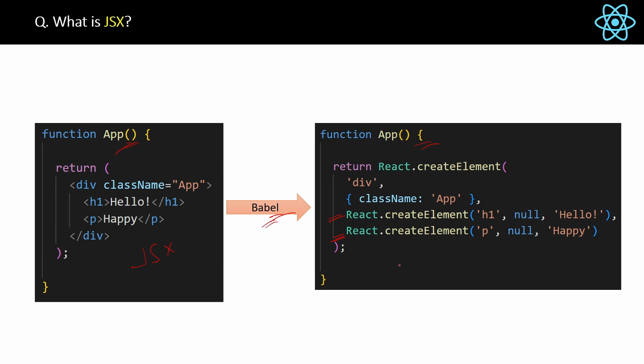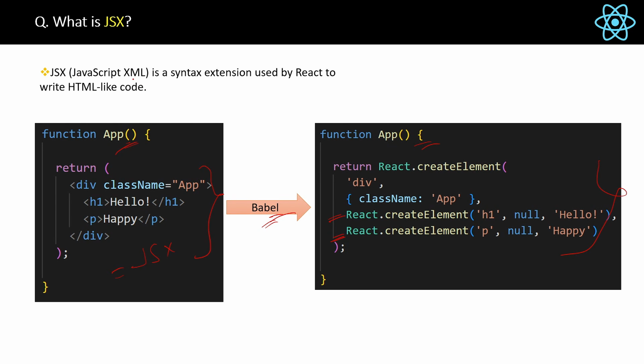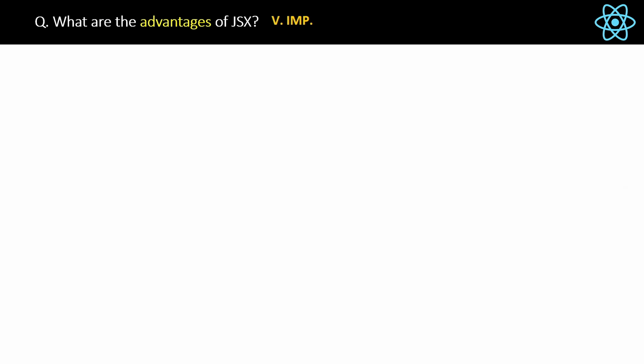Now you can see how difficult it is to write this React.createElement code, right? As compared to writing this simple JSX code, right? So JSX code is simpler to read and simple to write also. This is the simple reason for the existence of JSX. So the definition is: JSX, which stands for JavaScript XML, is a syntax extension used by React to write HTML-like code.